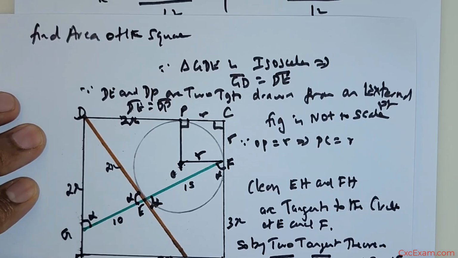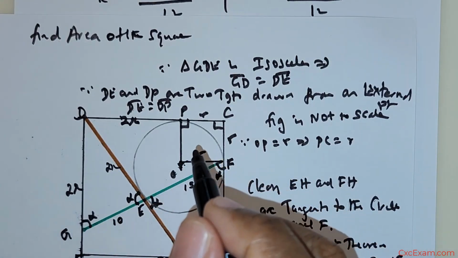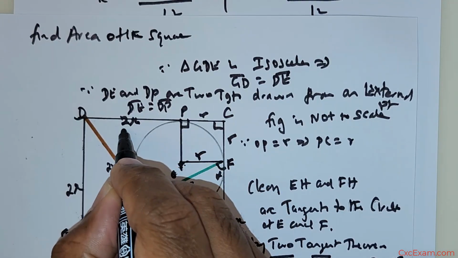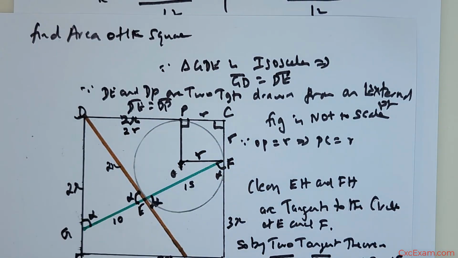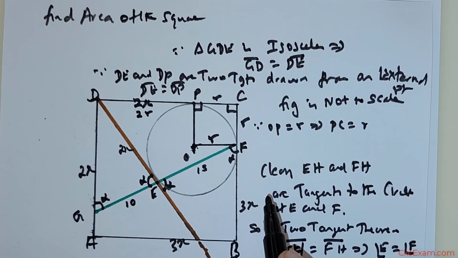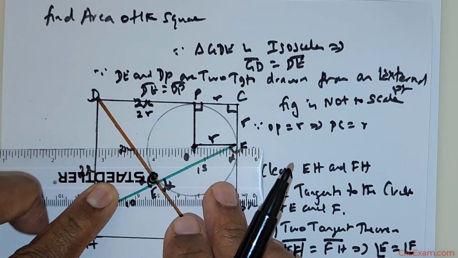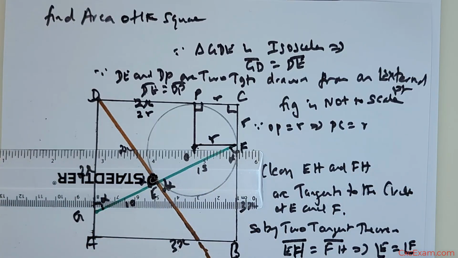So let's go back to the figure. If x is equal to r, then this entire length from here is going to be 2 times r. Fair enough. Now next I would like to complete this diagram.